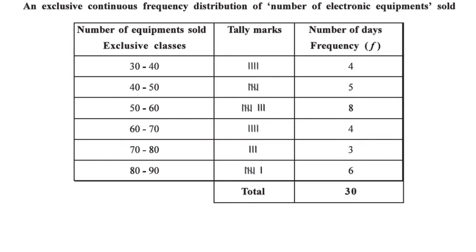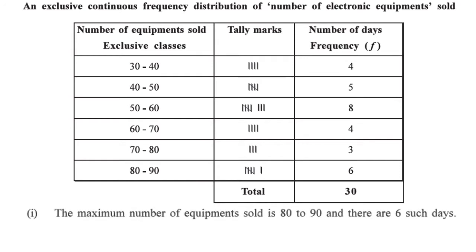Now, there were two questions, 1 and 2. The first question was the maximum number of equipment sold and the number of days for that. The maximum number of equipments means, in the column of number of equipment sold, the maximum is 80 to 90, and the number of days for that is 6. So the answer is for 80 to 90 there are 6 such days.